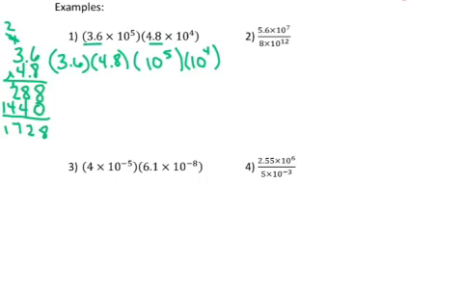Now a reminder, when we multiply decimals, there are 2 numbers after decimals in the original problem, so there are 2 numbers after the decimal in the answer. So this is 17.28.